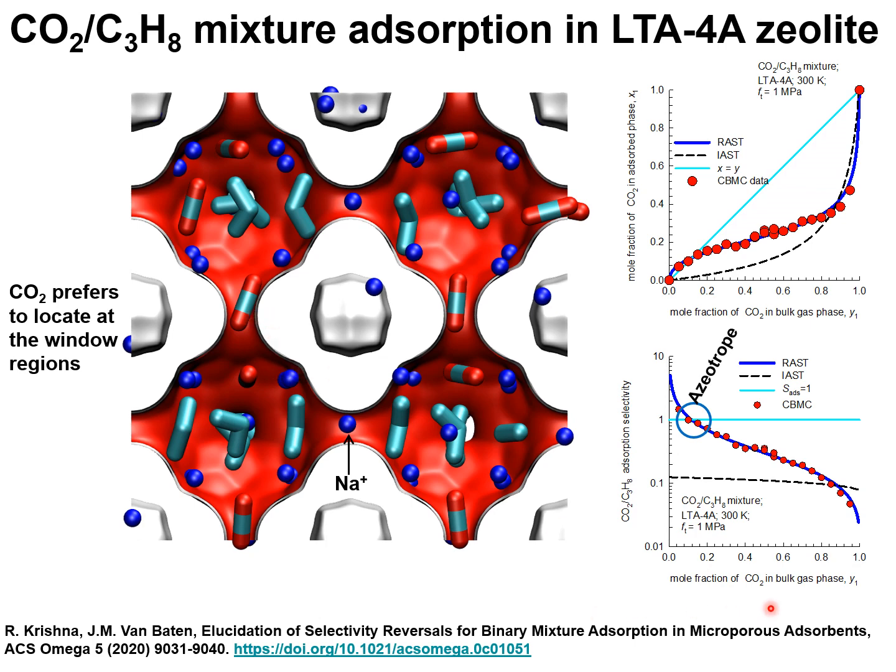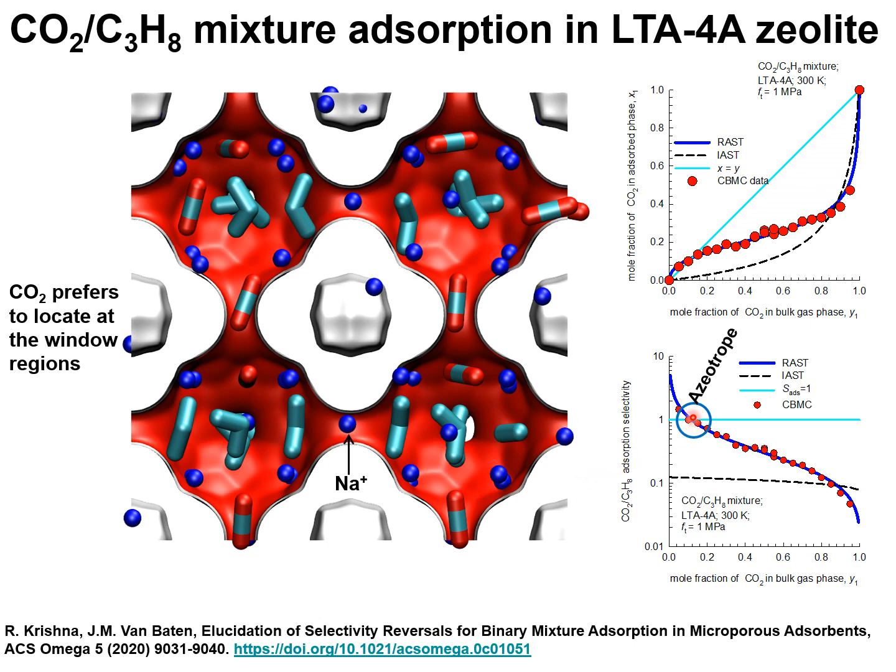With increasing proportion of CO2, it is necessary to have CO2 locate within the cage interiors, because the windows are all fully occupied. And within the cage interiors, the CO2 has to undergo competition with the propane molecules that have stronger adsorption strengths.